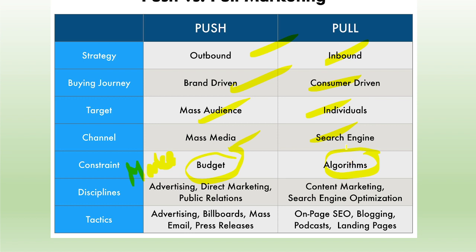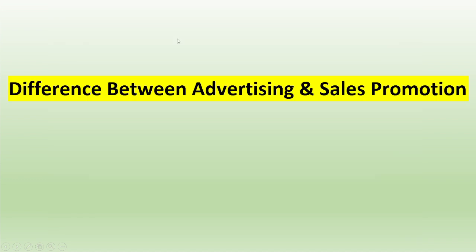Then the tactics: advertising, billboards, mass email, press release are push marketing tactics. In pull marketing, the tactics are on-page search engine optimization, blogging, podcasts, landing pages. These are part of pull marketing tactics.